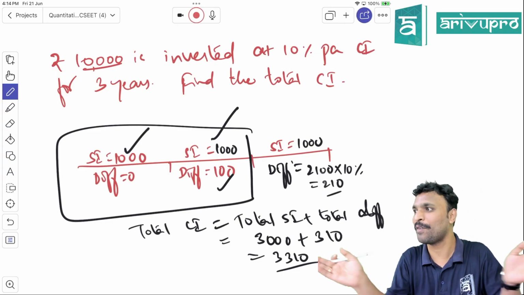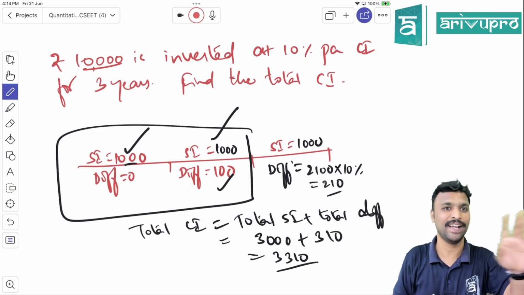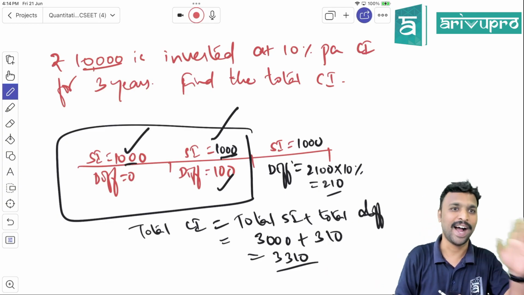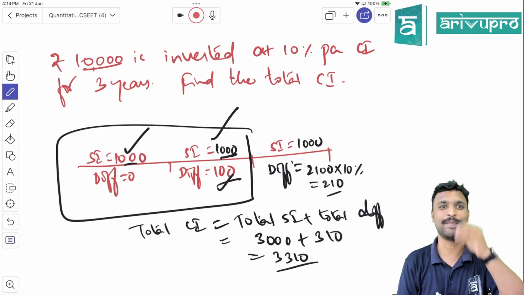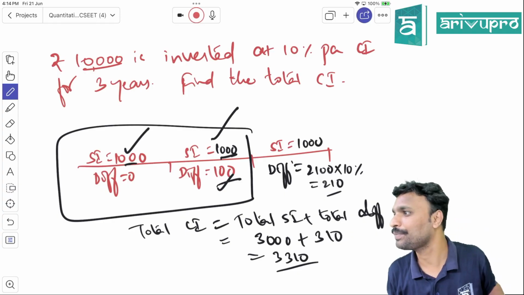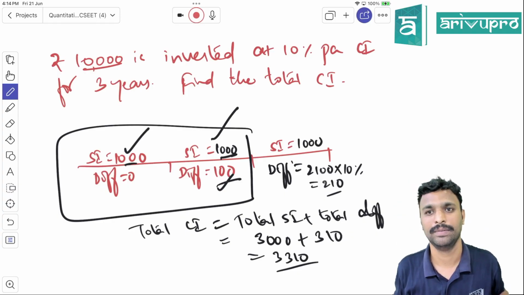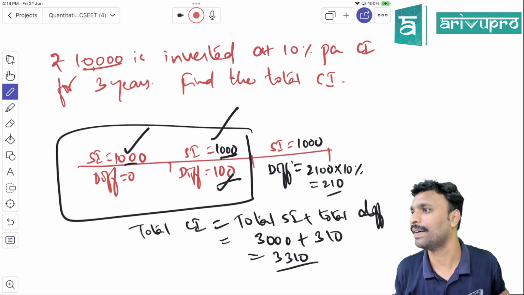Rather than taking the sum of all this, 10% on 1000 is 100, 10% on 1000 is 100, 10% on the first year difference is 10. So 100 plus 100 plus 10, 210. That is the best way. Any questions?